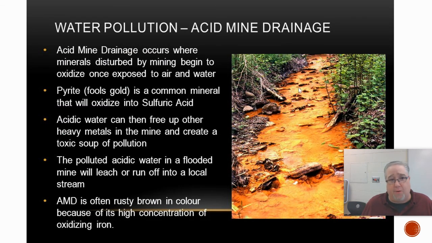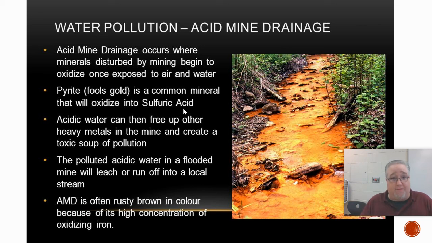I also want to go back and just briefly reference this acid mine drainage. I talked about this back in our energy unit. All of these old abandoned mines have water in them, and there's still minerals inside. One of those things we talked about was pyrite. Pyrite is a common mineral that's found in a lot of abandoned mines. That pyrite can turn into sulfuric acid when it reacts with water.